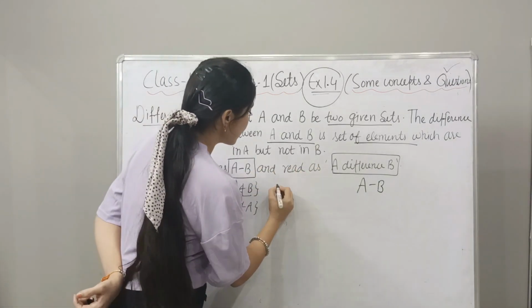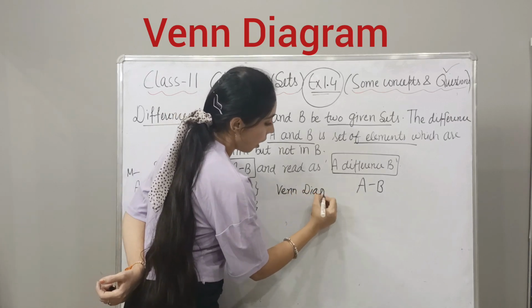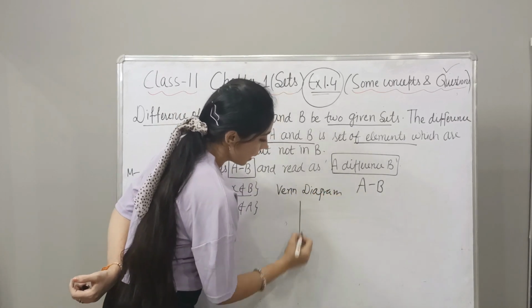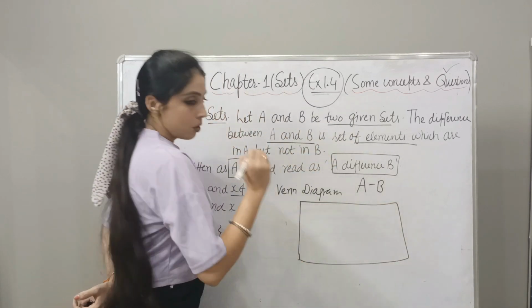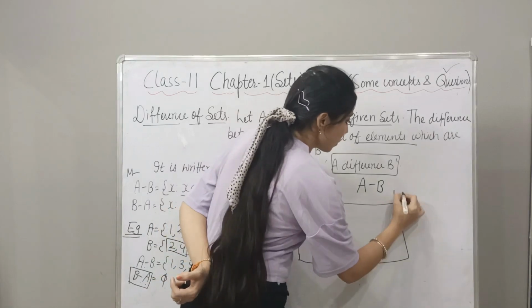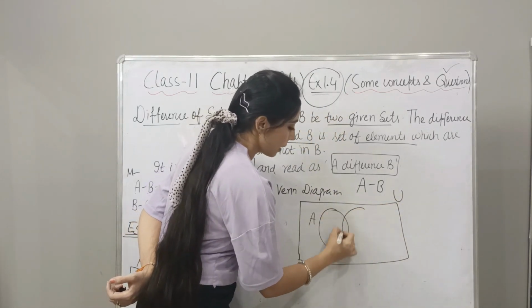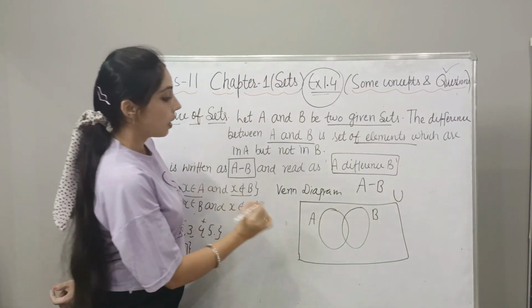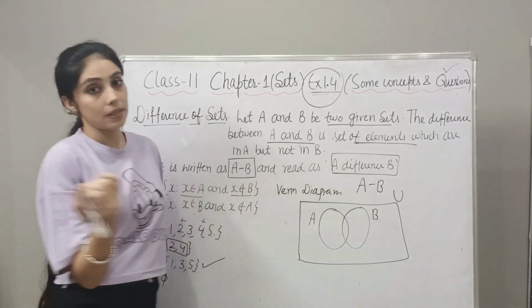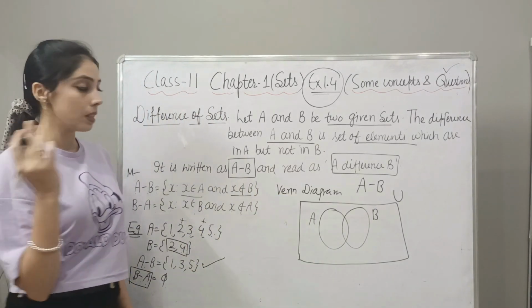Okay, so let's discuss the Venn diagram of this. How can you diagrammatically represent this difference? If we have this universal set and this is set A, this is set B, how will you represent A minus B, that is, A difference B?